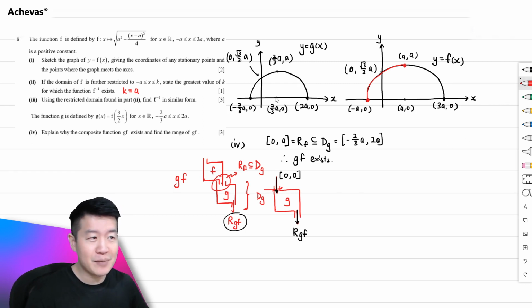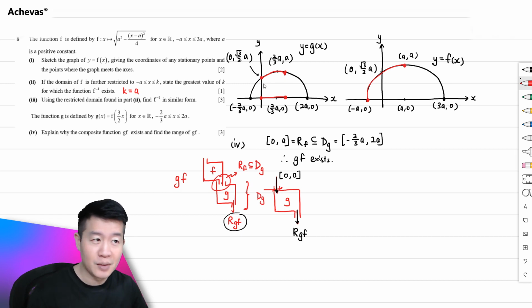So now referencing it back to the graph of g, I know the input is going to be from 0 to a. 0 is here, and a is somewhere here after 2/3. So from 0 all the way until a is going to go into the function, which means the graph that I'm looking at is going to be this, passing the highest point, then coming down that little bit. And I know this point is at a y coordinate that is higher than this.